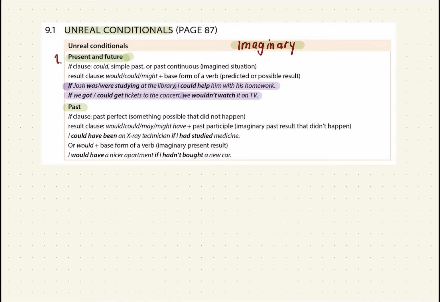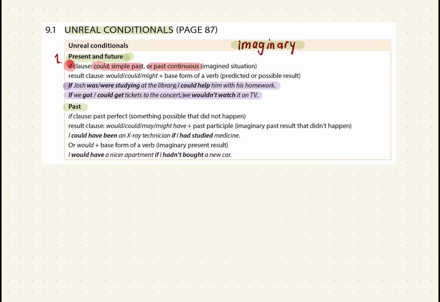From both examples, you will see that there are cause and effect situations. In the cause situation, we use if plus could, simple past, or past continuous to show the imagined situation, the situation that you just made up by yourself.